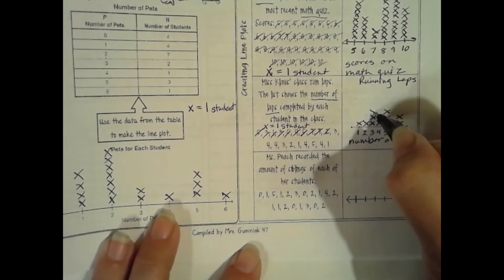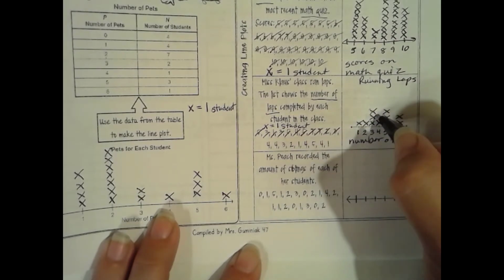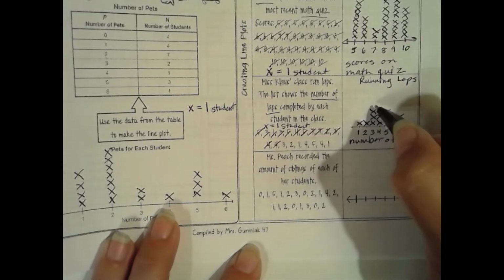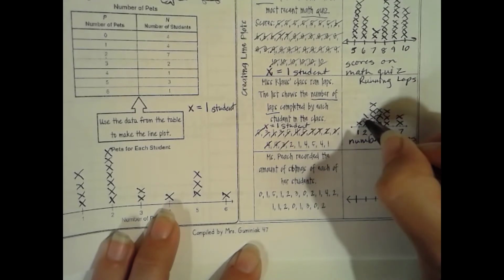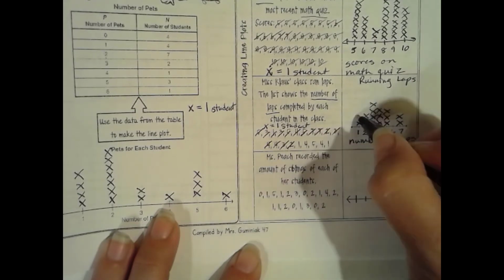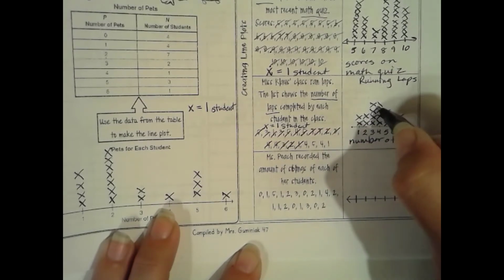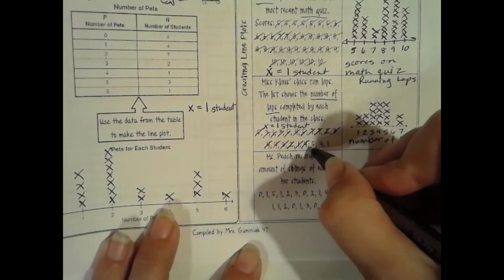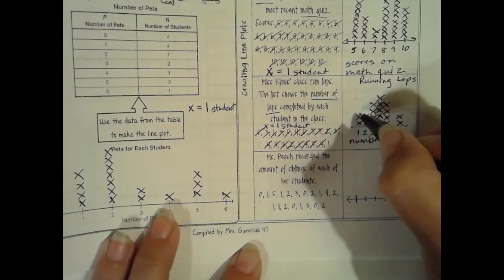Student ran 3 laps. 2 students ran 4 laps. Student ran 3 laps. Student ran 2 laps. Student ran 1 lap. Student ran 4 laps. Student ran 5 laps. Student ran 4 laps. And a student ran 1 lap.